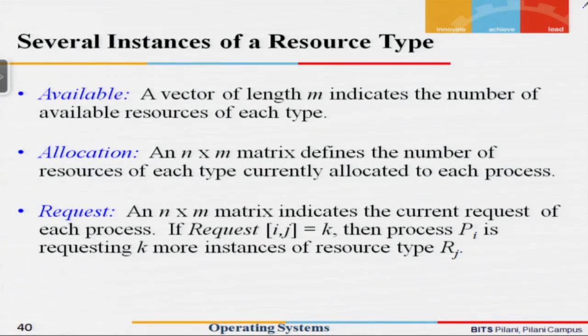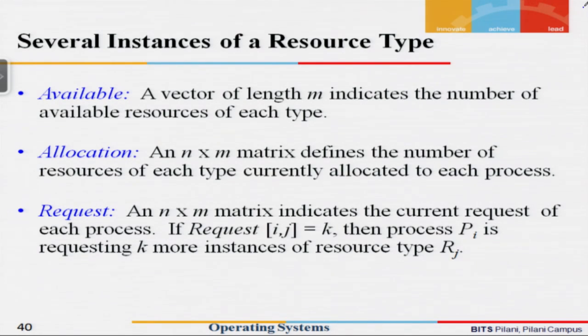So let us try to look at that. Can such a thing be? Can we propose something where several instances of resources are involved? So here we try to propose an algorithm which will allow us to handle several instances of resources. So we define an available vector, which is the same as the previous case.